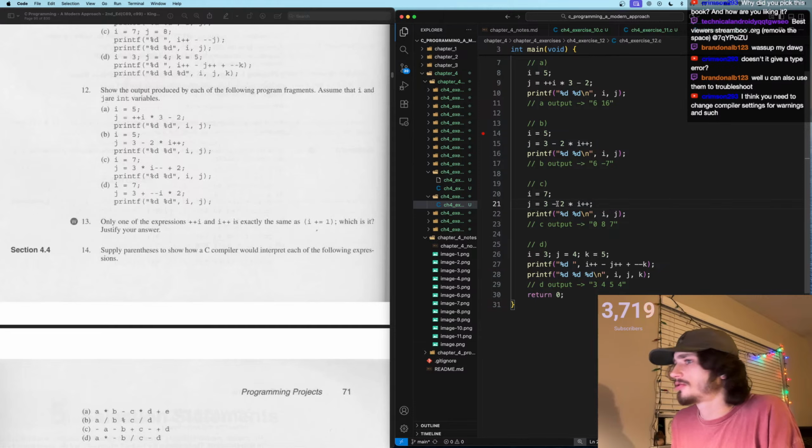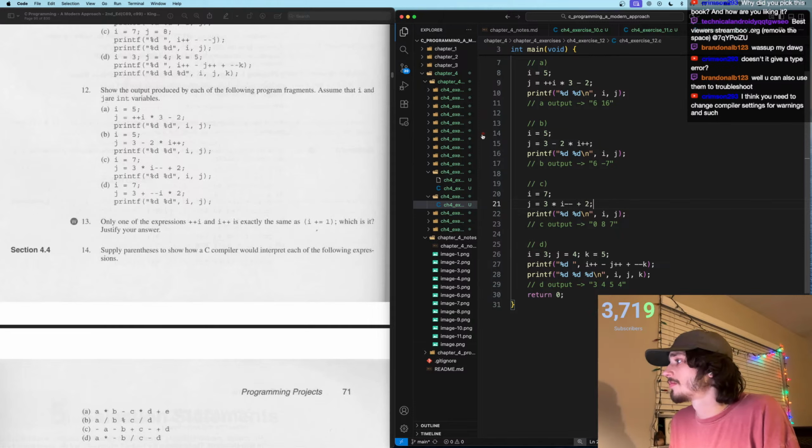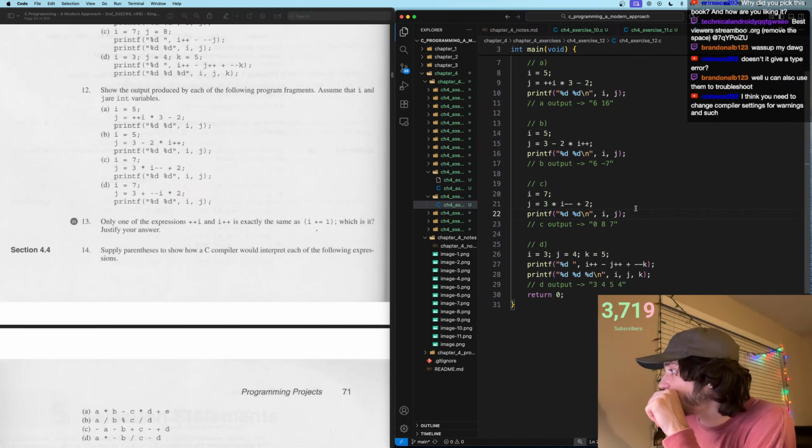So J is equal to 3 times I minus minus plus 2. All right. So what's going to happen here when we print out I and J? So I is 7. We're going to postfix reduce I down, but we're going to use 7 here.